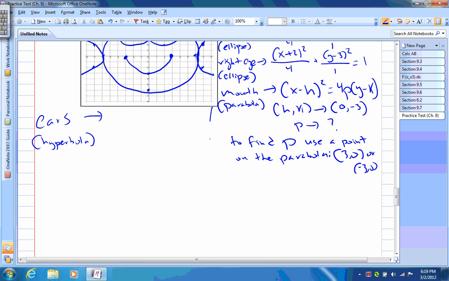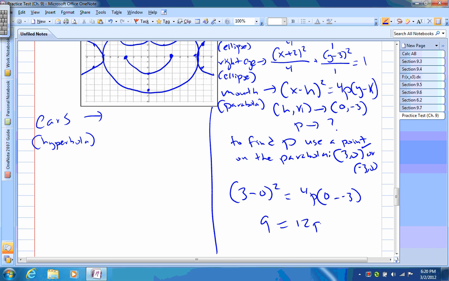So now let's work it out. I can say 3 minus 0 squared equals 4p times 0 minus negative 3. If I decide to use 3 comma 0, notice I'm plugging in 3 and 0 for x and y, and of course my h and k are 0 and negative 3. So 9 equals 12p. p is going to equal 3/4.